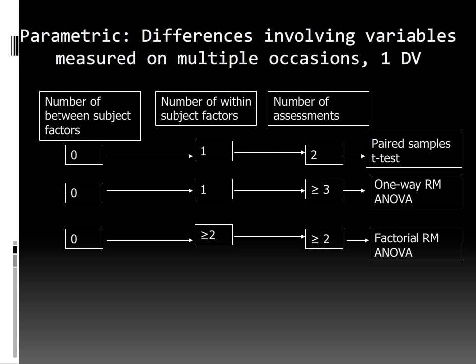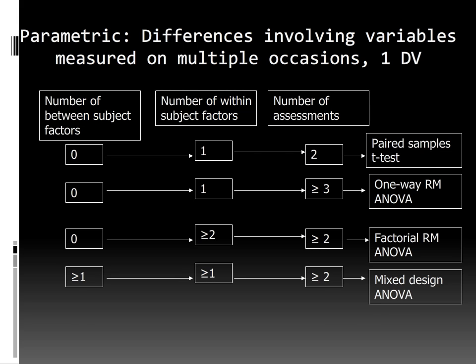In this example, you have 2 within subject factors. Music, with 3 levels, no music, slow tempo music, and fast tempo music, and time of day, with 2 levels, early in the morning and in the evening. Participants will perform sit-ups early in the morning in each of the 3 different conditions, and in the evening in each of the 3 conditions.